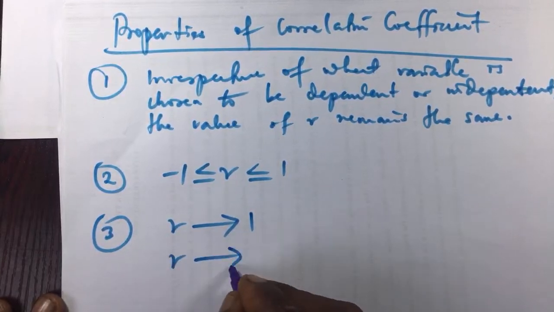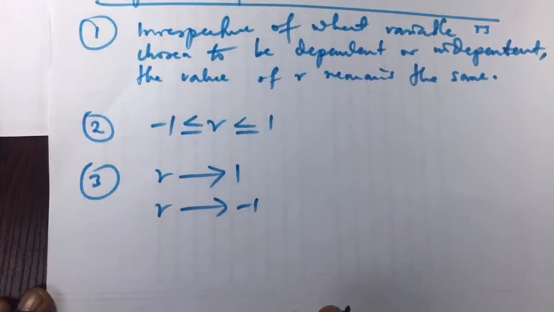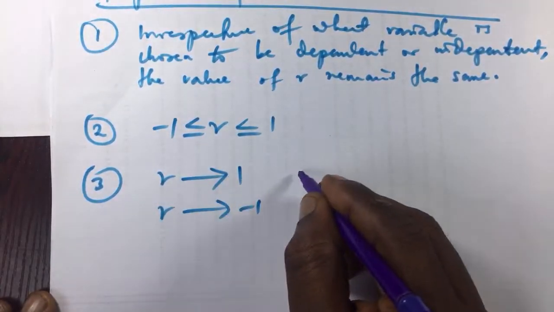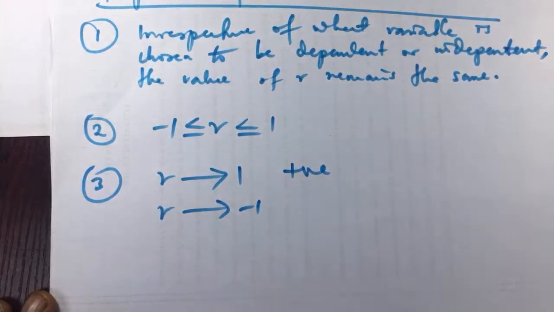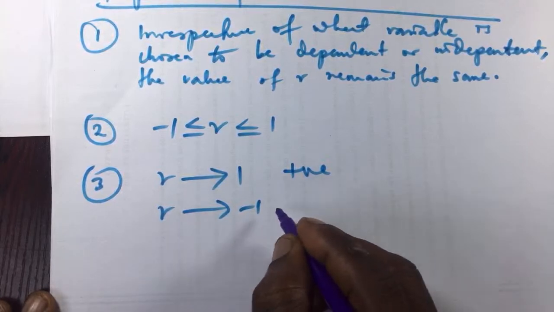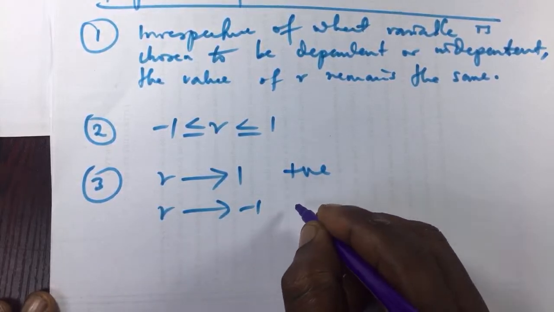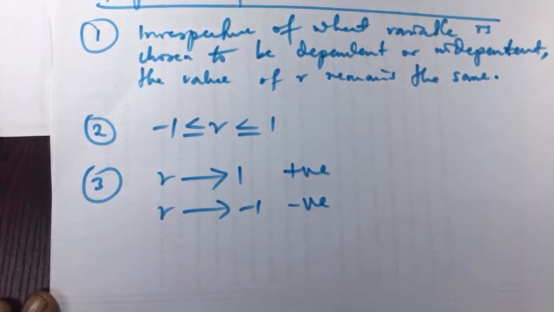As R tends to -1, what does it mean? If R is tending to 1, then the relationship is positive. We say the correlation is positive between X and Y. If R is tending to -1, we say the correlation is negative. Okay? So when R is closer to 1, we say the correlation is positive. That is, if it is tending towards 1, we say it is positive.